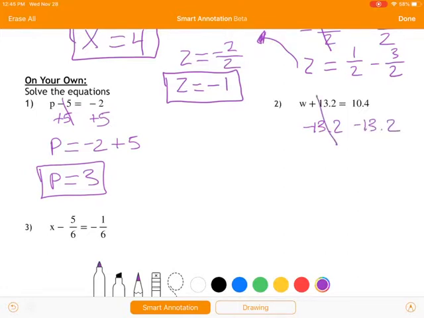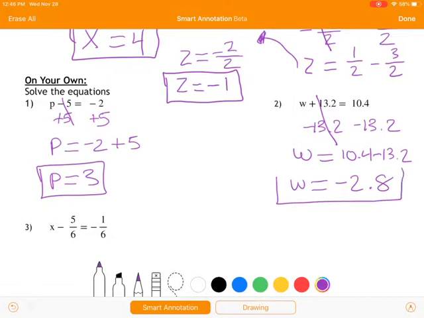These cancel out, so we have w equals 10.4 minus 13.2. And if you go ahead and stack those up and subtract, which you guys should have done, you're going to end up getting w equals -2.8.